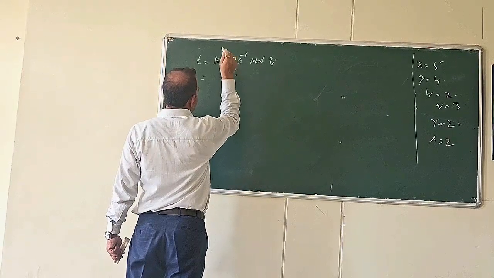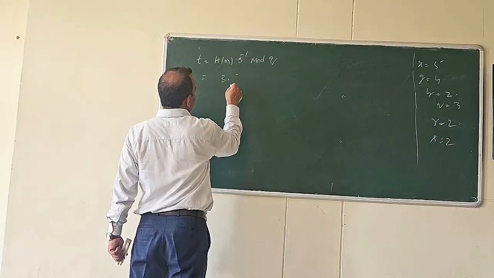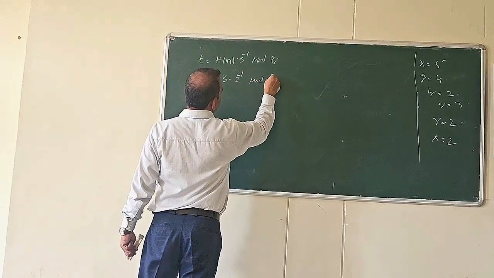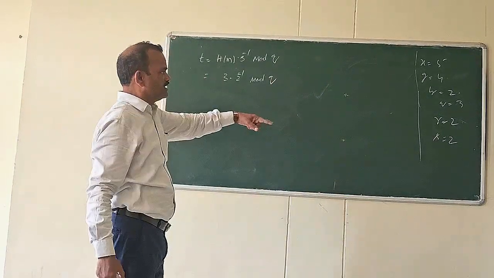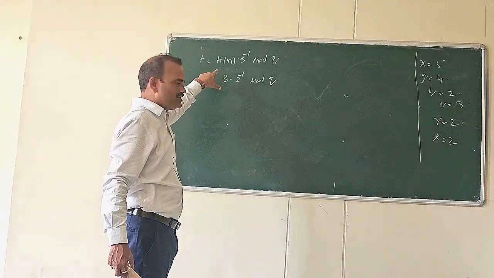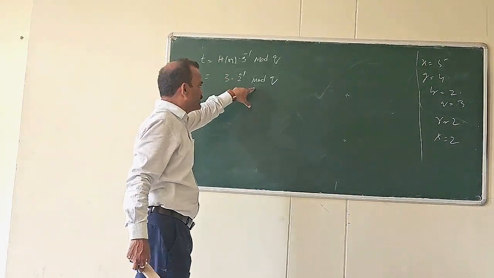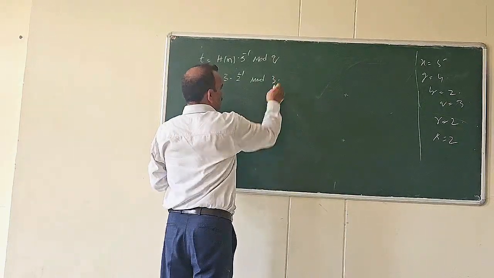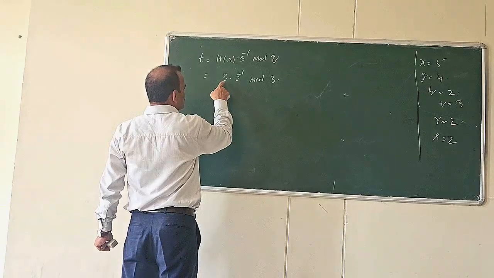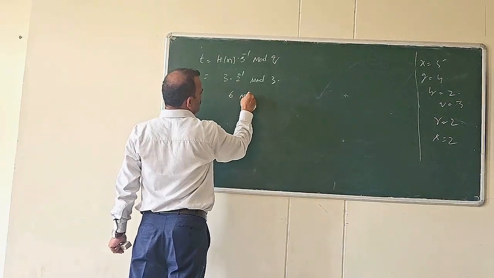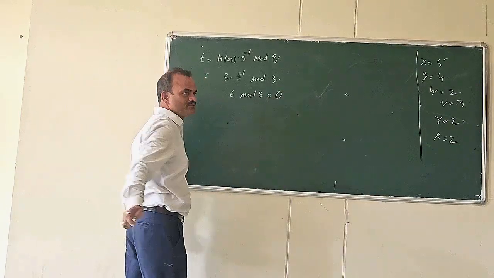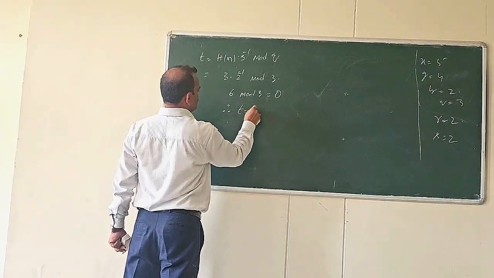H of m we already considered earlier, 3, into 2 inverse mod q. So now we discuss the multiplicative inverse: multiplied with any number modulo q, where q is 3, the value is 1. So 3 into 2 is 6, 6 mod 3, the value of t equals 0. Therefore, t equals 0.